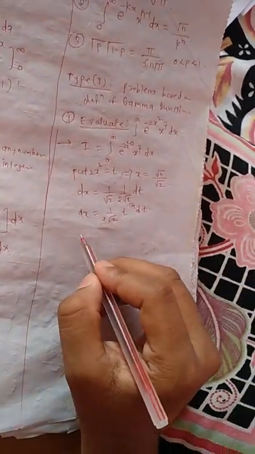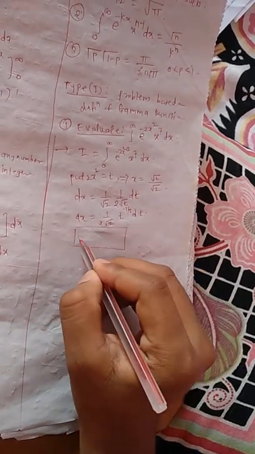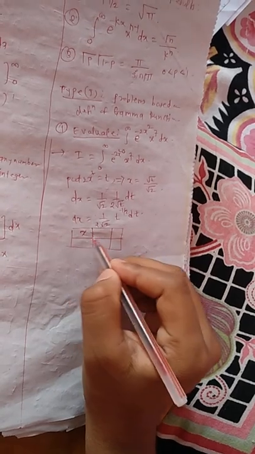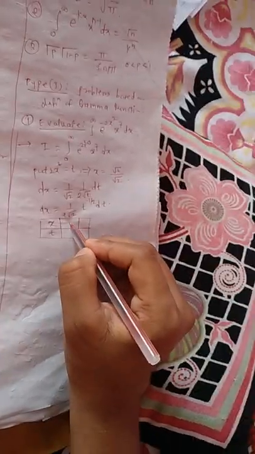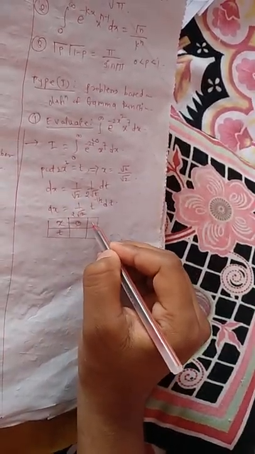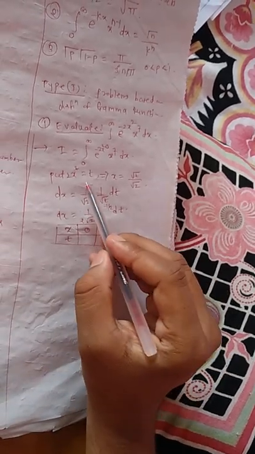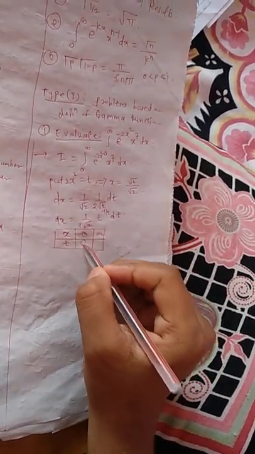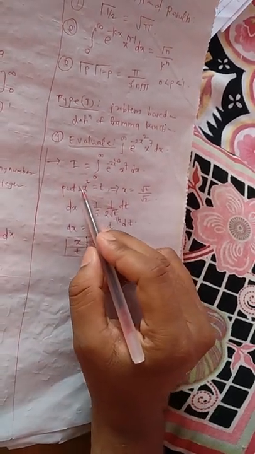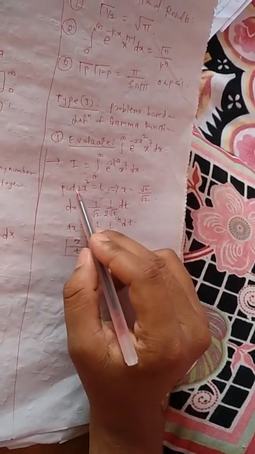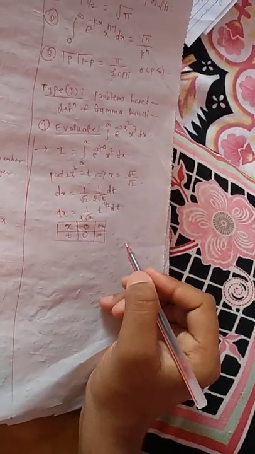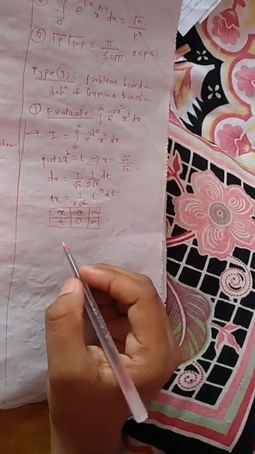Now limit of the integration become, when x is 0, t become 0. When I put x is equal to infinity, 2 into infinity square will become infinity only. So limit does not change.